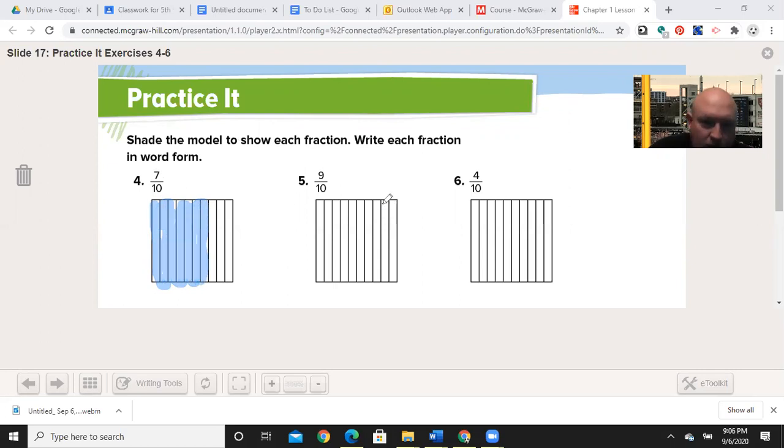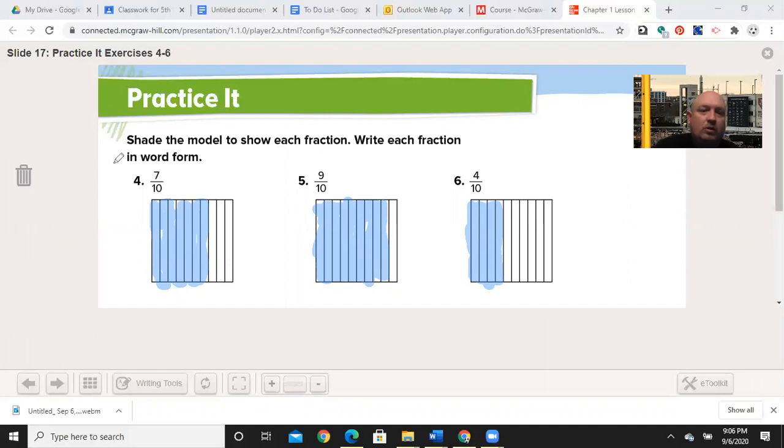Over here, they're going to do all but 1 because that's 9 out of 10. And 4 tenths. 1, 2. If you're doing this at home with a pencil, I hope you're neater than I am. So now we have the shaded in.